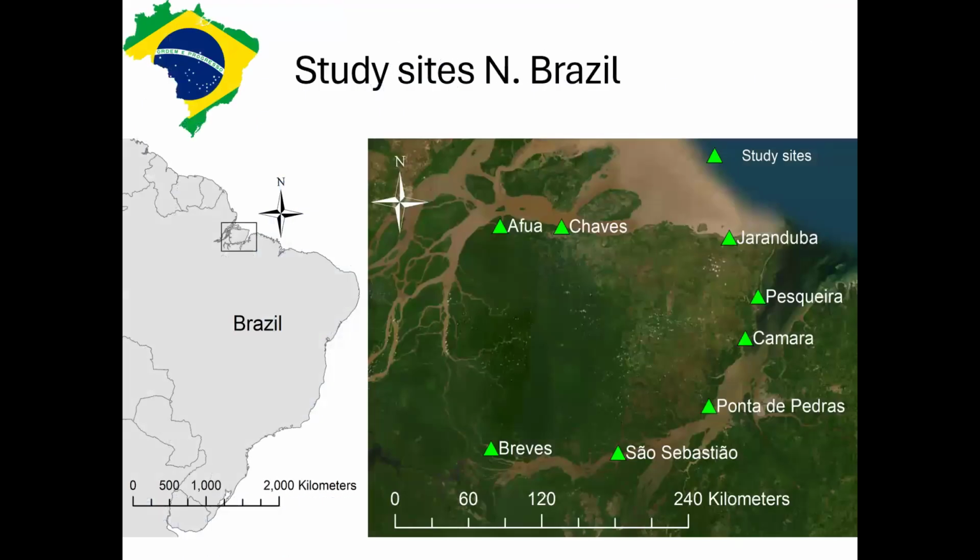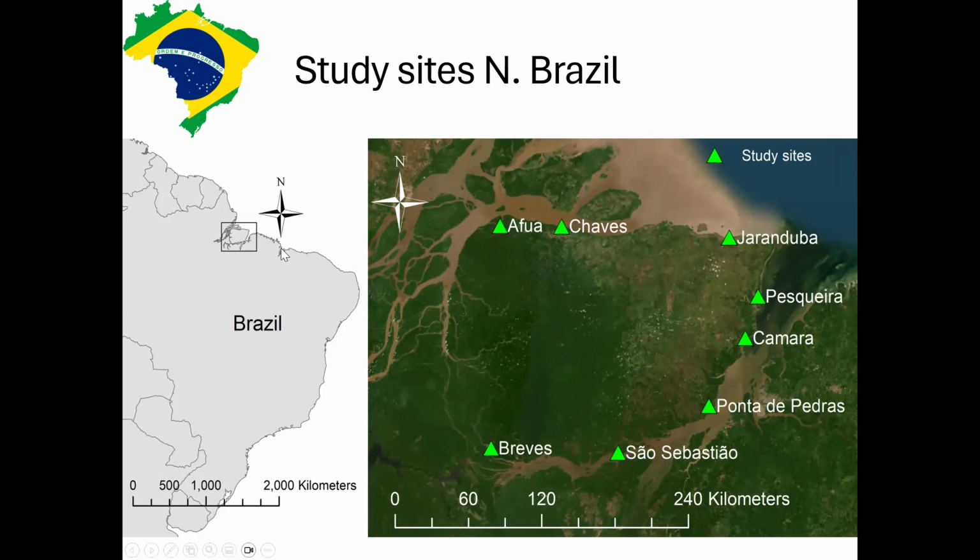Now, I said I was going to compare two different sites. One is the semi-arid northeast of Brazil, and then we have the humid north coast of Brazil, where the bulk of the mangroves in the country actually occur.